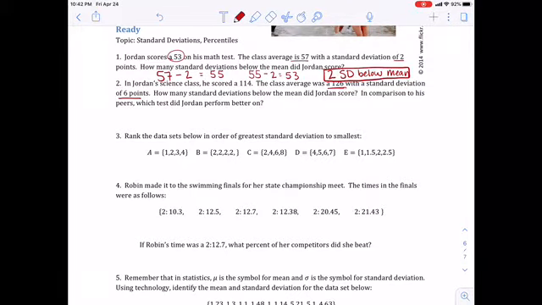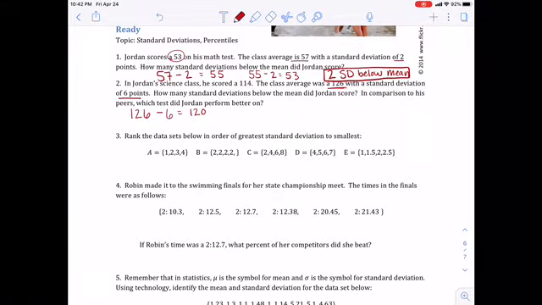Well, first let's figure out how many standard deviations he is below the mean here in his science class. So our mean is 126 points, and I'm going to subtract the standard deviation, which was 6 points. That gives me 120.